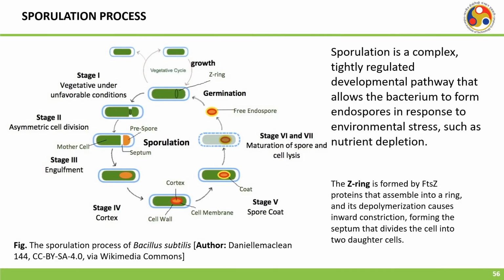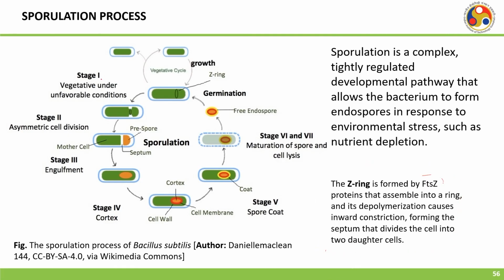One thing we need to focus on here is the formation of the Z ring. This Z ring is formed by FtsZ protein that assembles into a ring, and its depolymerization causes inward constriction, forming the septum that divides the cell into two daughter cells.